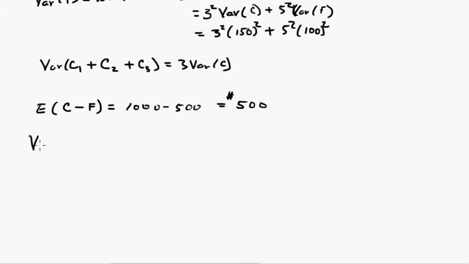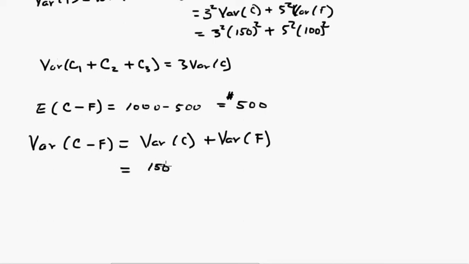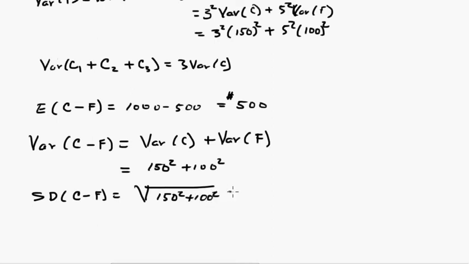Okay, but the variance of C minus F is going to be the variance of C plus the variance of F, because we always add variances. So that's going to be 150 squared plus 100 squared. So the standard deviation of the difference is just the square root of 150 squared plus 100 squared.